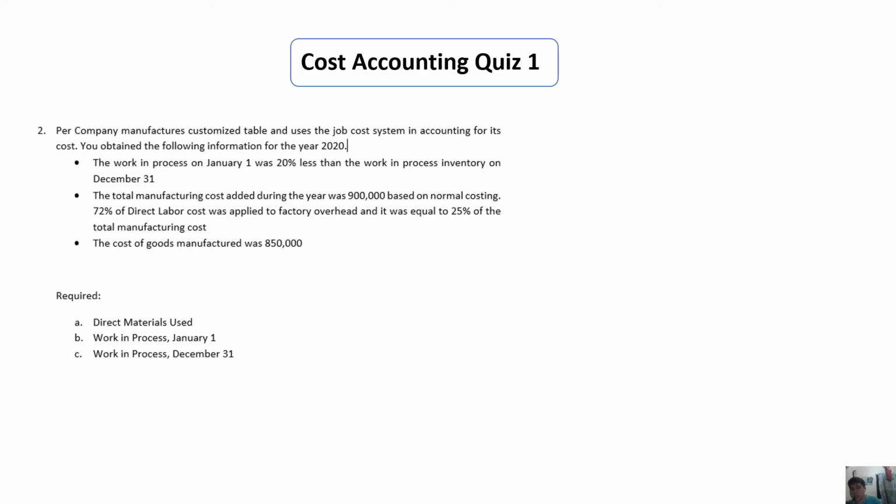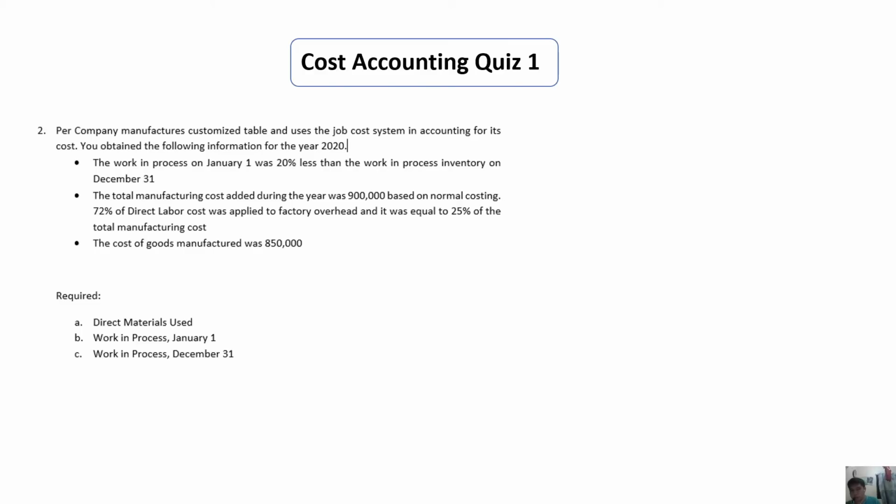Okay, so let's proceed to our second problem, which is problem number 2. So in this case, ang hinahanap po natin dito ay direct materials used, work in process beginning, and work in process ending. So let's start reading the given. So sabi daw dyan, we have a company who manufactures customized table and uses job cost system in accounting for its cost. You obtain the following information for the year 2020.